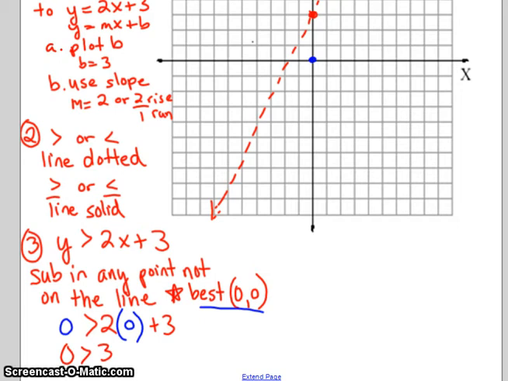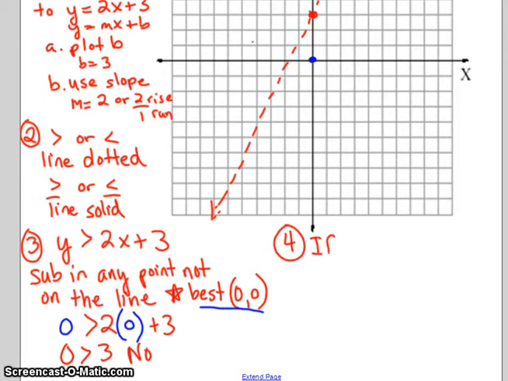Alright? What we did here is we tried to figure out, does this point work? Is this point part of our solutions? Okay? Is 0 greater than 3? No. Okay? No. So that leads to our fourth step.